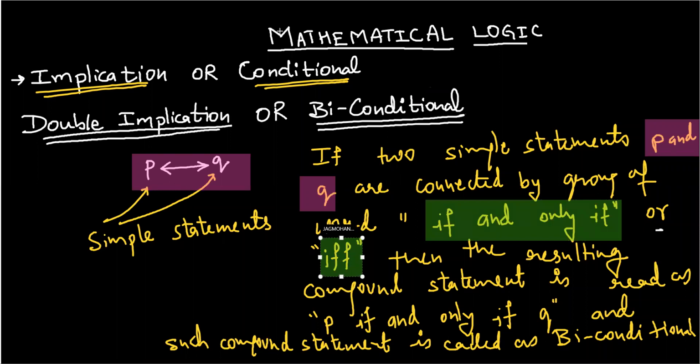then the resulting compound statement is obtained by combining the simple statements with "if and only if," which is symbolically written as this double-headed arrow.